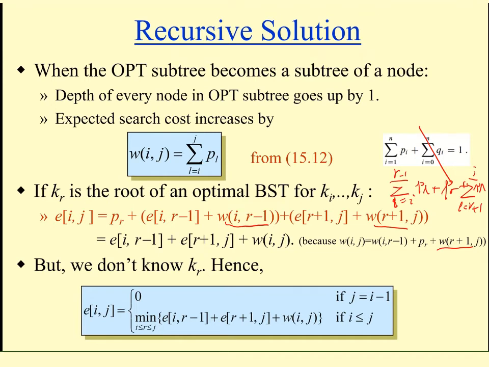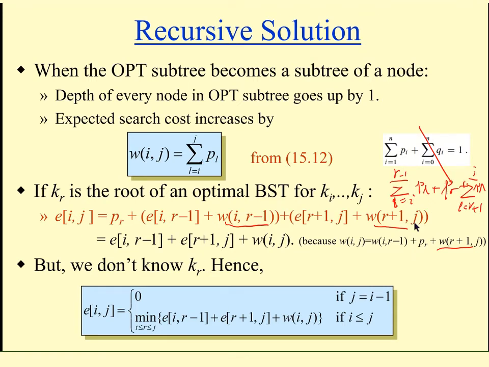So you can find we do the summation from i to r minus 1, and then we plus p_r, and then r plus 1 till j. So in fact we add all of them together, from i to j for all the possibilities.